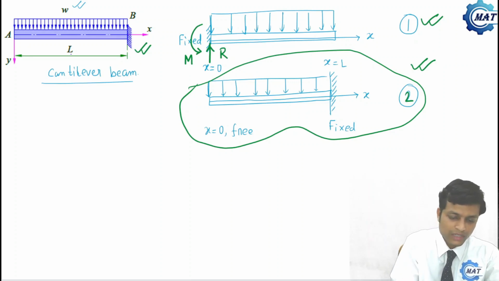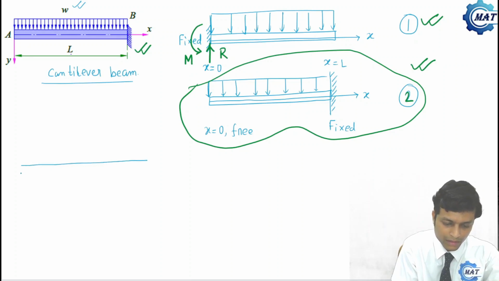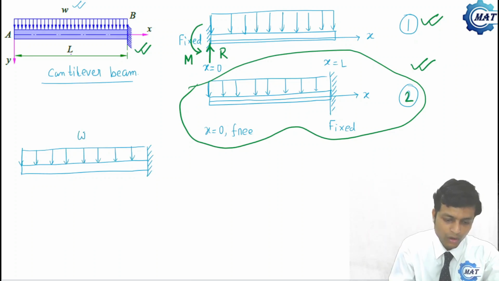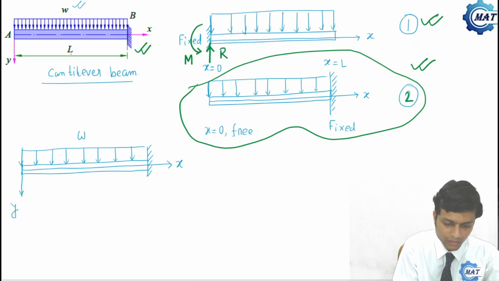So our next objective is to determine the shear force and bending moment for this cantilever beam of length L, subjected to a uniformly distributed load of intensity small w. This is the coordinate system: this is x, this is y, and the length is L.